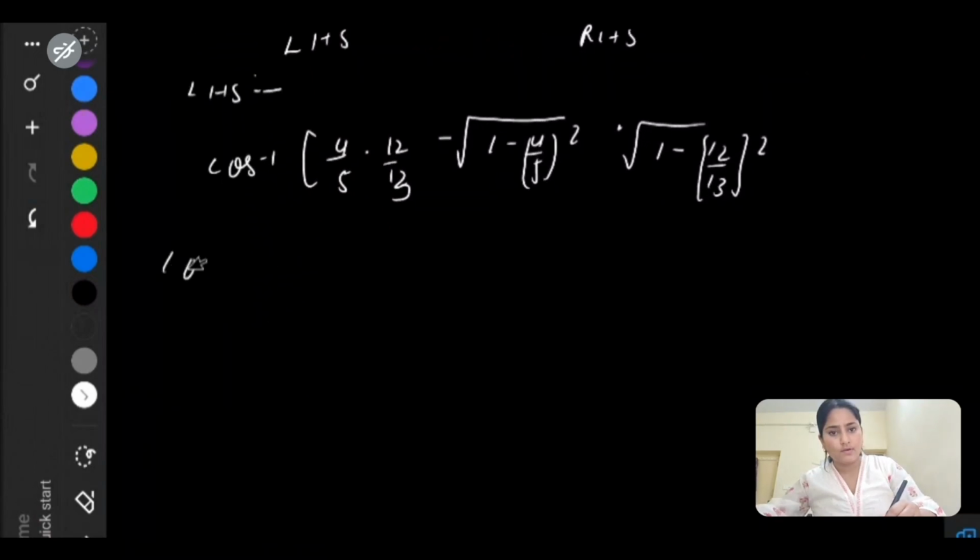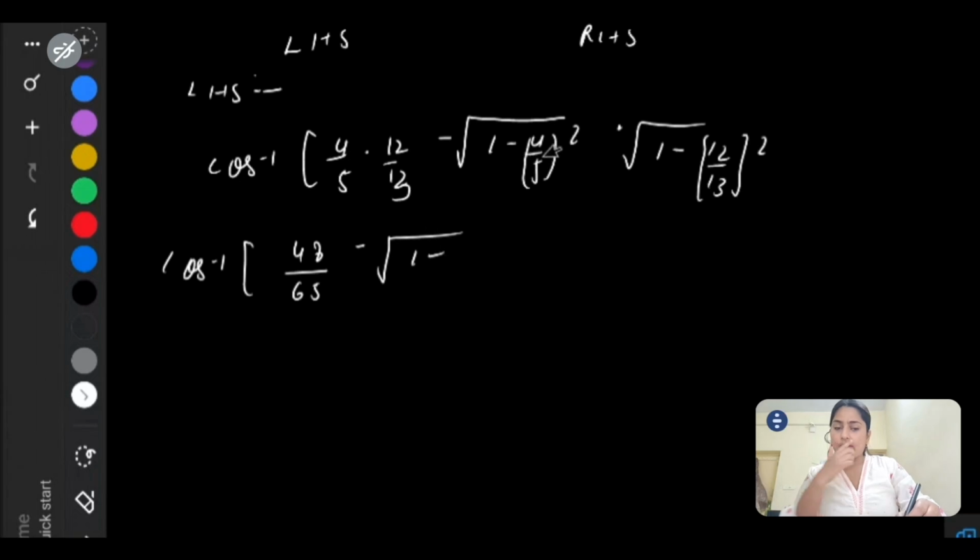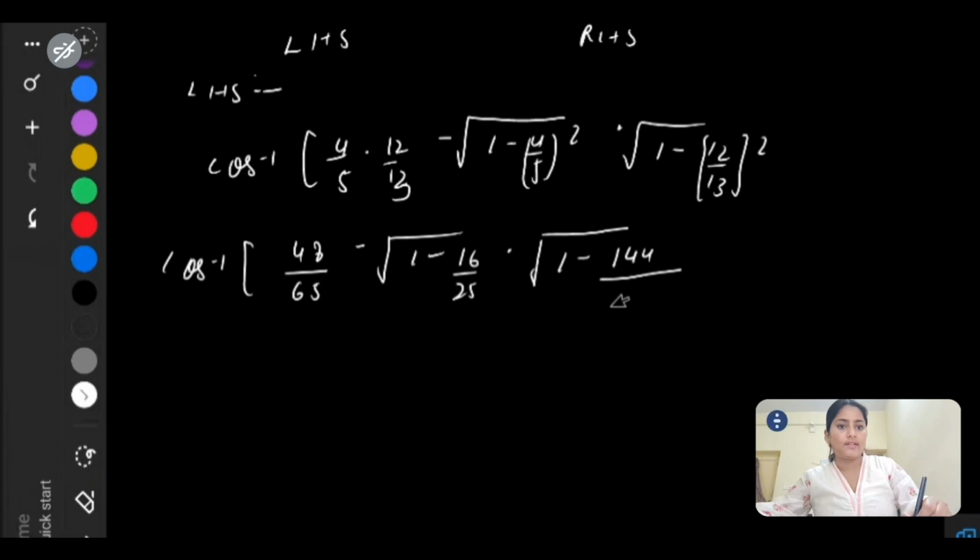So, cos inverse: 12 into 4 is 48, and 13 into 5 is 65. So we can write it as 48 by 65 minus under root of 1 minus 4 square, which is 16, divided by 25, into 1 minus 12 square, which is 144, divided by 13 square, which is 169.